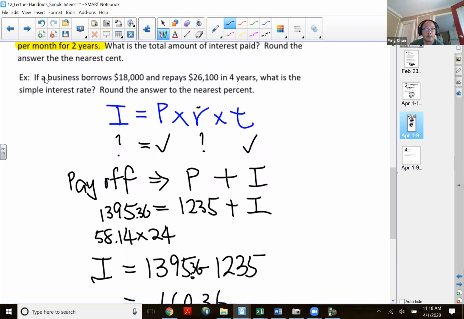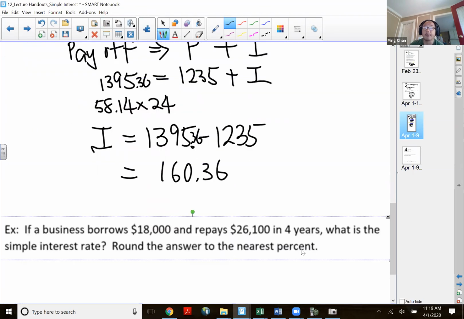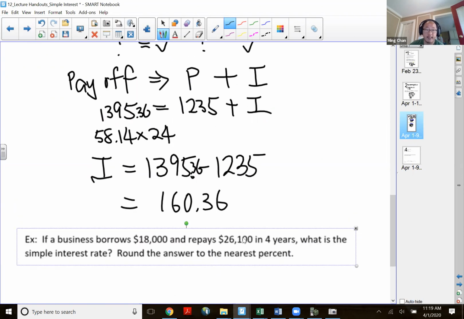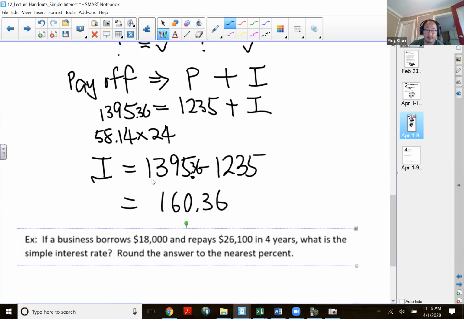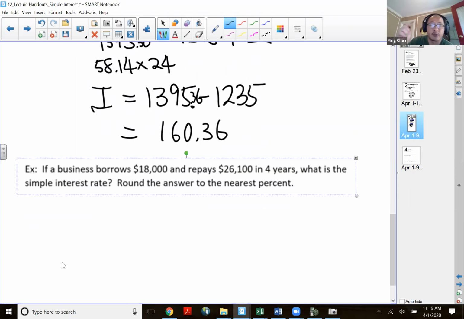All right, let's do this problem. I'm going to move this problem downward a little bit. So this problem says if a business borrows $18,000 and repays $26,100. So this repays is basically the same as earlier, when I used 58.14 times 24 payments. The total amount paid is $26,100. What is the simple interest rate?